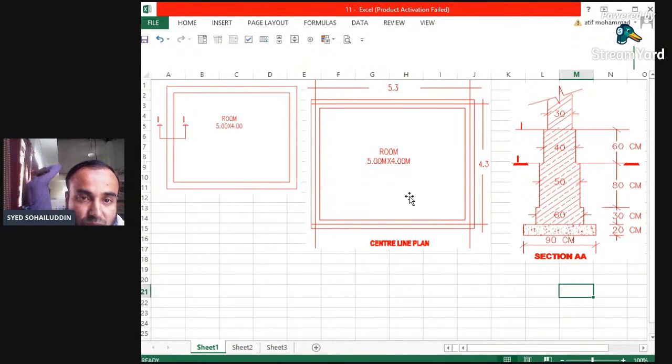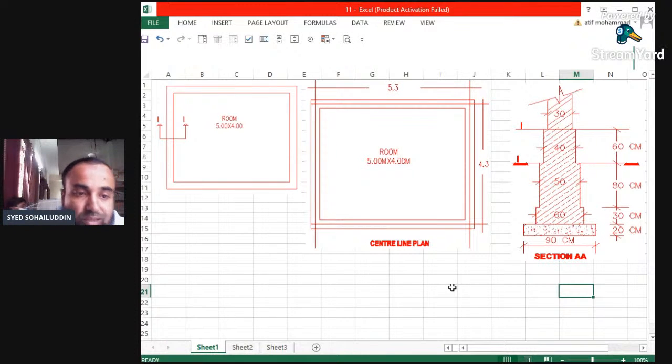So the center to center distance of the long wall is equal to 5 meters, the clear inner to inner distance, plus what is the wall thickness for the left side? The half wall thickness for the left side is 0.15, and for the right side again 0.15. So 5 meters is the inner to inner dimension, whereas 0.15 is for the left half wall thickness and 0.15 for the right half wall thickness.